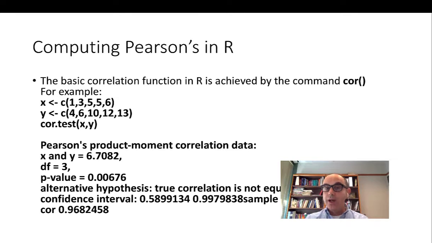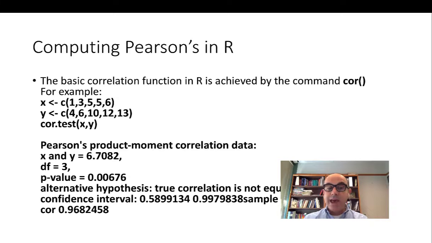The two values are then typed into the cor.test function with x and y, and it will give you the Pearson product-moment correlation data, including the correlation value between x and y.